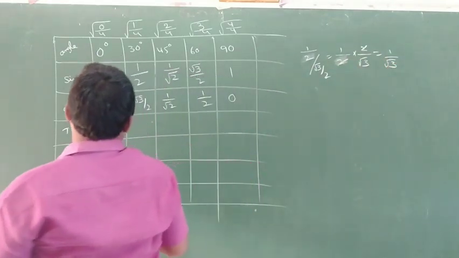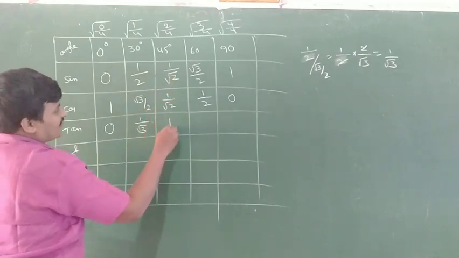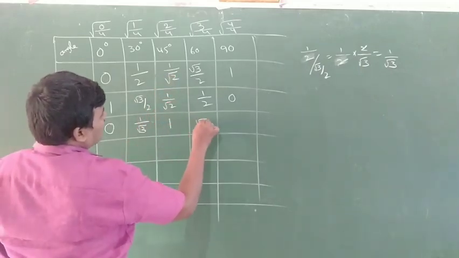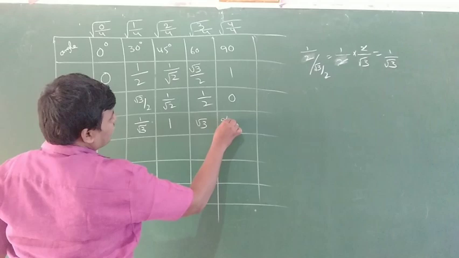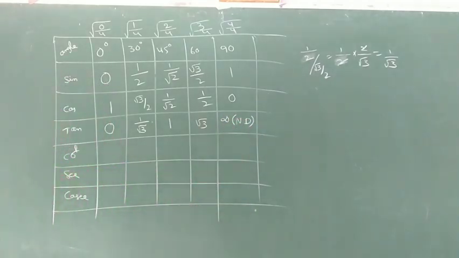Then root 3 by 2 over 1 by 2, the 2s cancel, so root 3. 1 by 0 is infinity, or not defined. Anything by 0 is not defined, 0 by anything is 0.